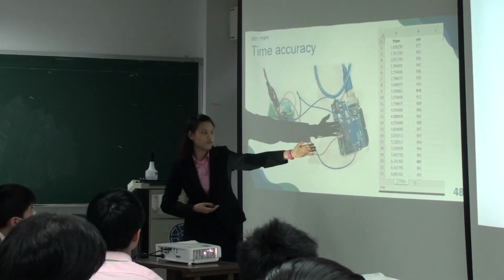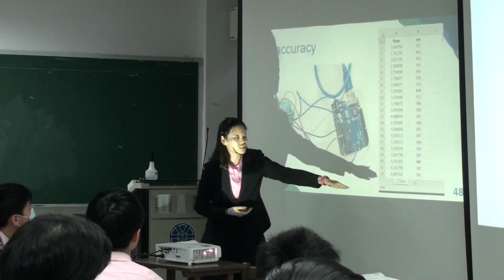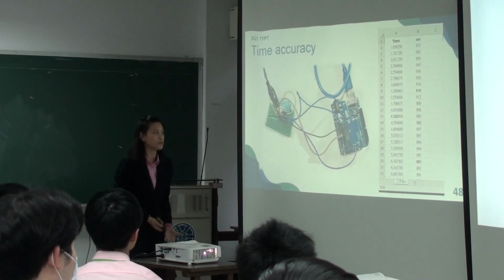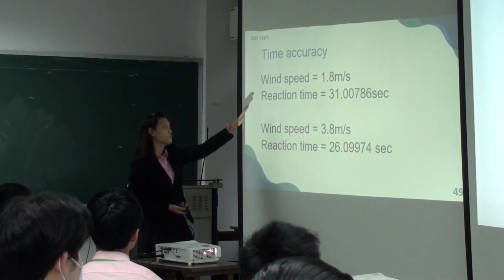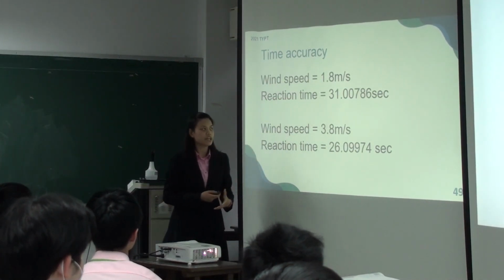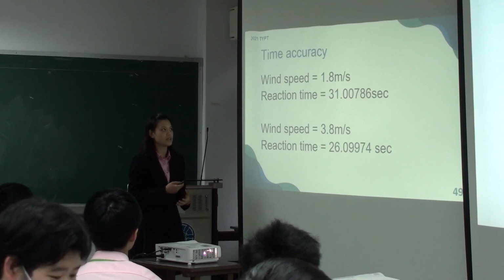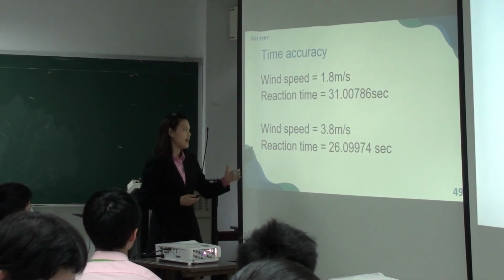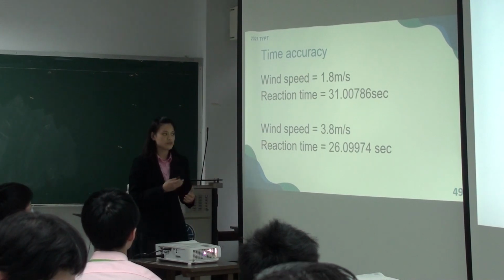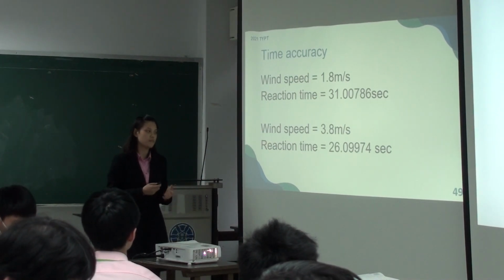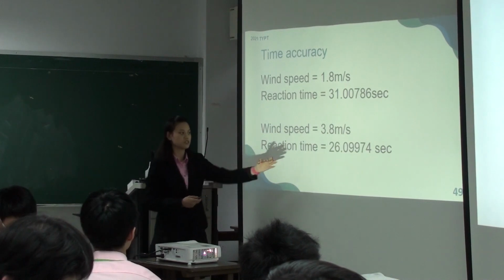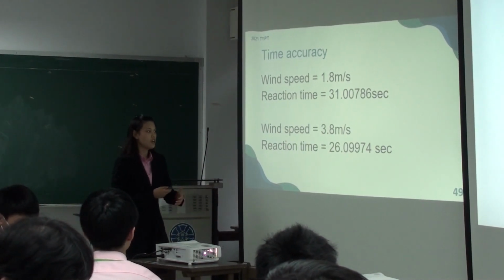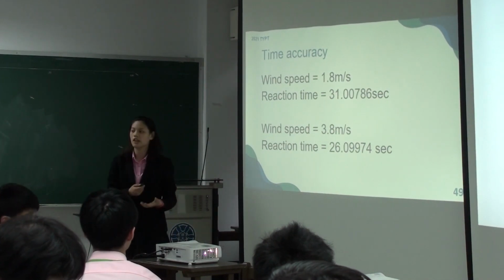When the voltage is constant over time, it is called the thermodynamic equilibrium point. So this is my result. When the wind speed is 1.8 meters per second, the reaction time is 31 seconds, and when the wind speed is 3.8 meters per second, the reaction time is 26 seconds. Then we get the conclusion that the higher the wind speed, the lower the reaction time.